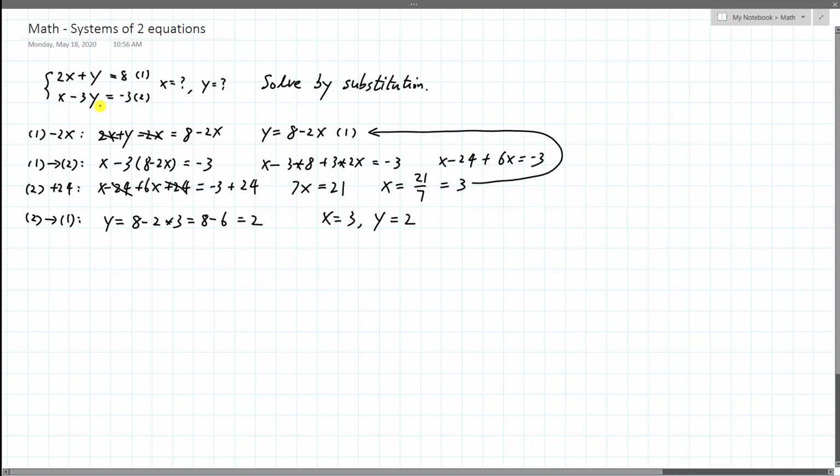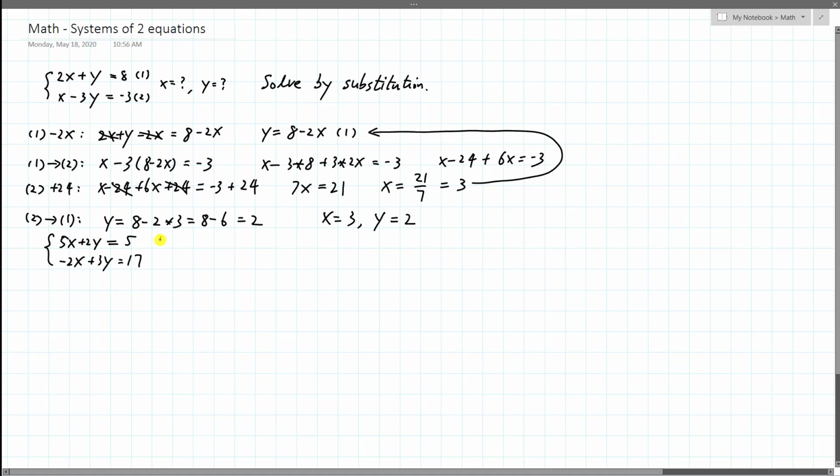Alright, let's move on to a second example where we have 5x plus 2y equals 5, minus 2x plus 3y equals 17. And again, I started with assuming x and y's values, and then I made up some equations.